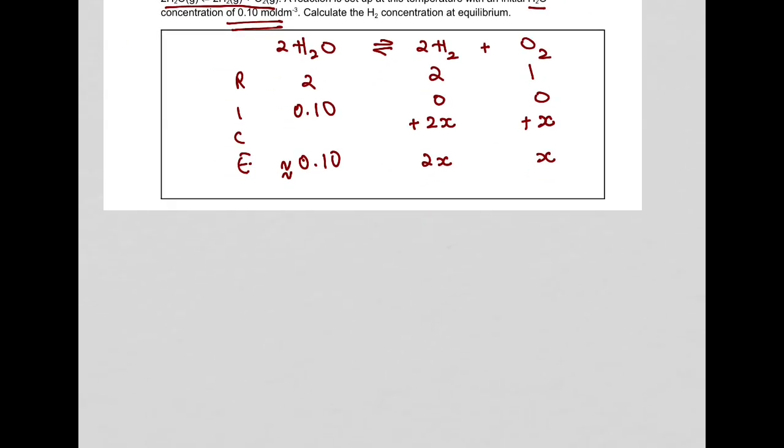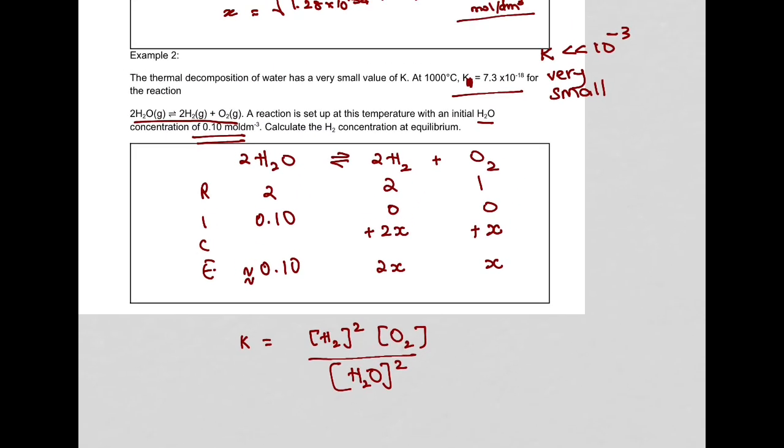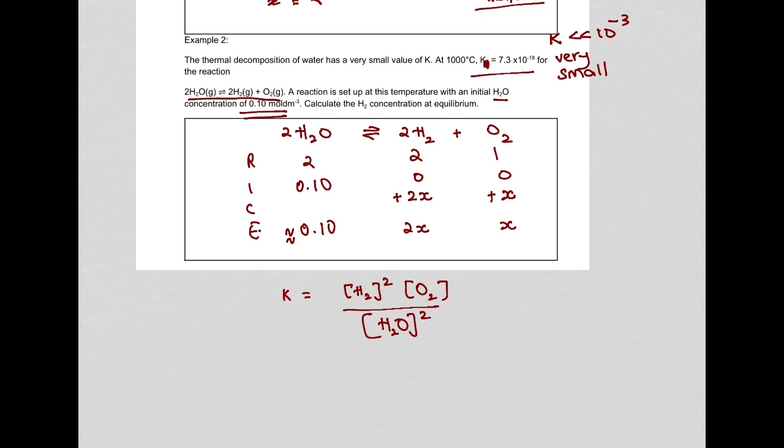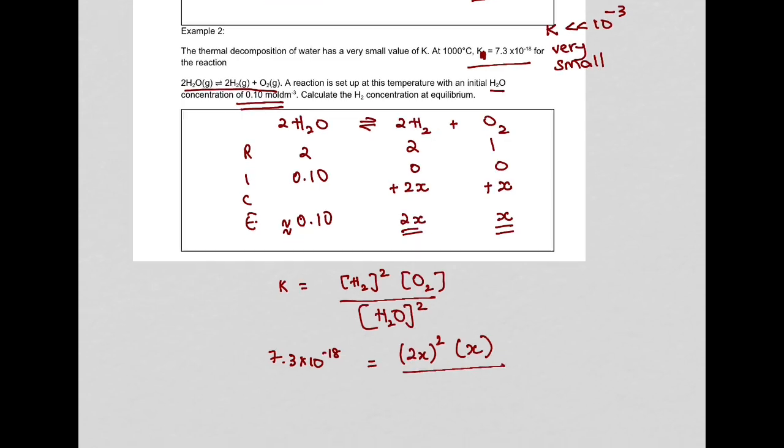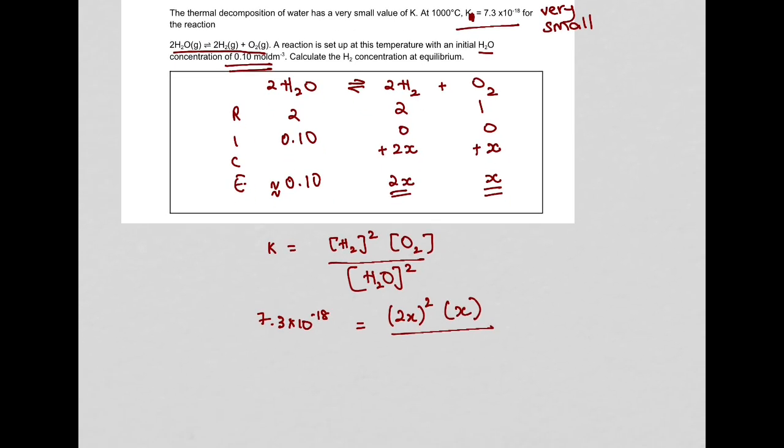From this we can write an expression. So K will be equal to this, and I can fill up the values of K here, and the value of H2, which is 2X squared. Oxygen is X, and then divided by the amount of H2O, it's this to the square.